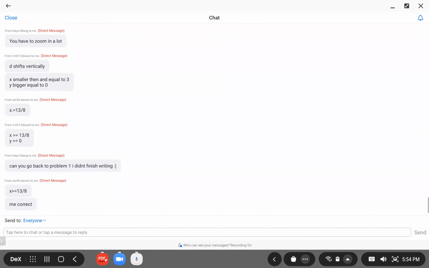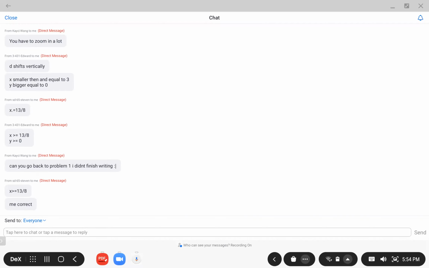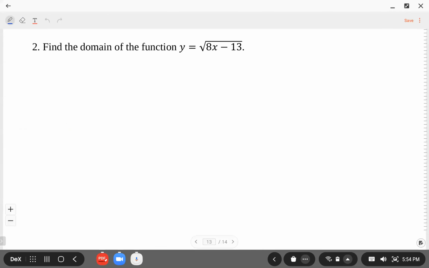Okay, so x is greater than or equal to 13/8, and y is greater than or equal to 0. Basically, you don't even need to solve for the y, because it's always y is greater than or equal to 0. So let's just find the domain here.